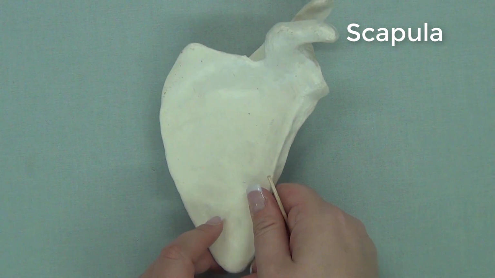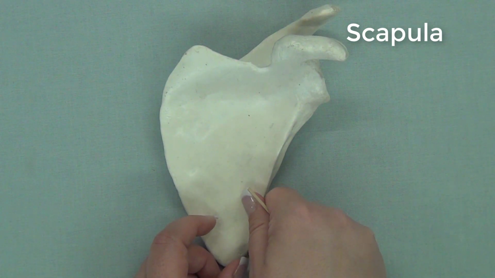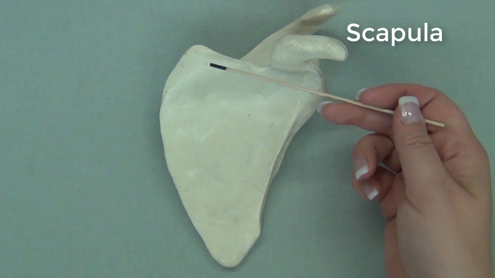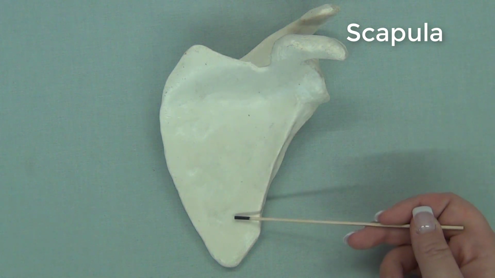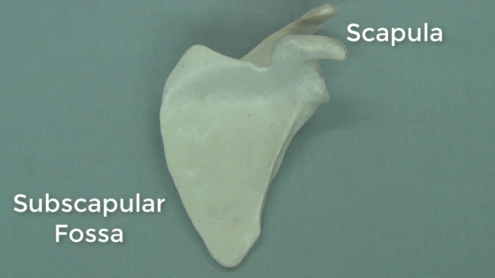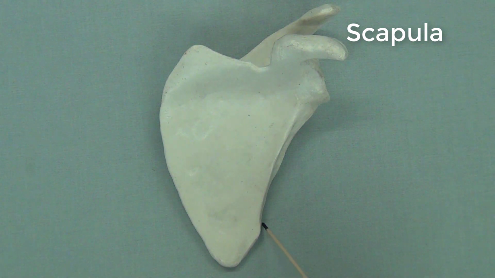If we turn the bone over and look at its anterior surface, we could see this whole anterior surface. This anterior surface is referred to as the subscapular fossa. The bone also has two edges, otherwise known as borders.